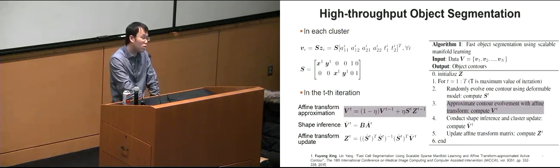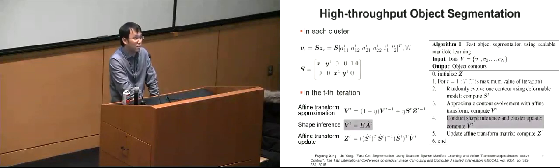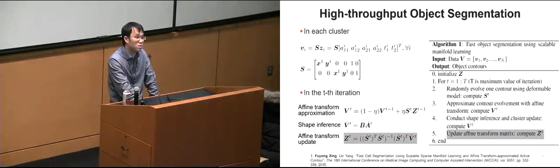And then for all the other objects in the same group, we just use alpha transform for the approximation. Then we update the cluster membership and also do the shape inference as well. And finally, we update the alpha transform matrix and then repeat this procedure until the algorithm converges, which means that the contours will move to the real object boundaries.